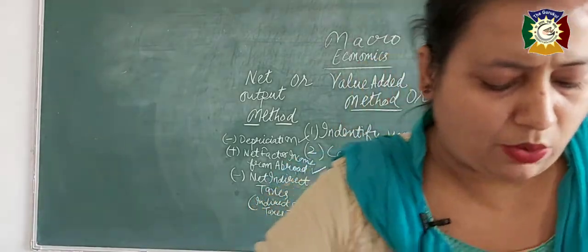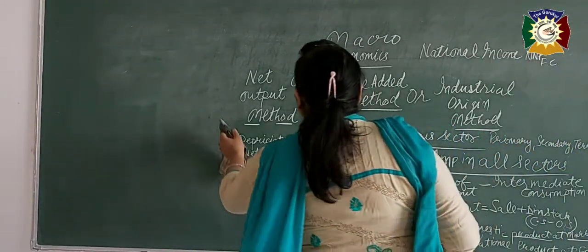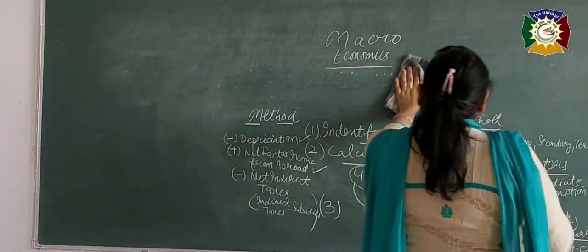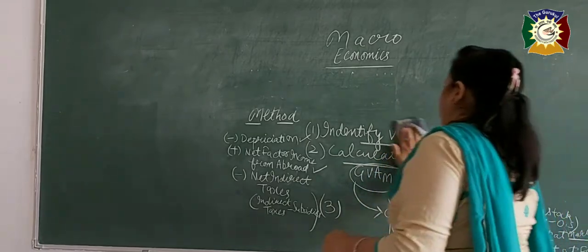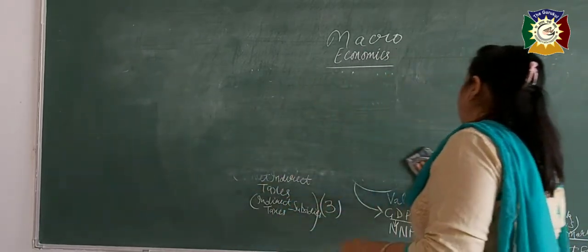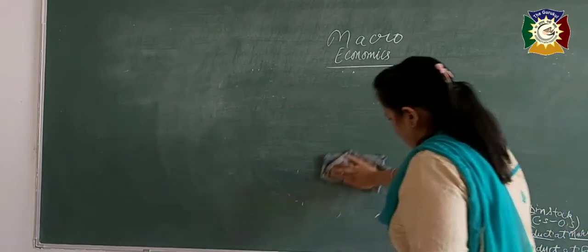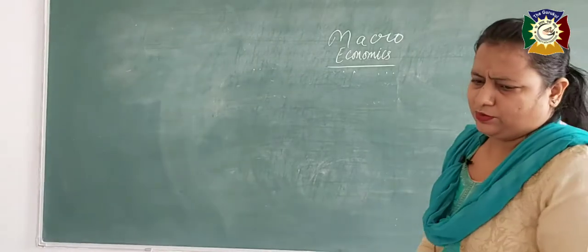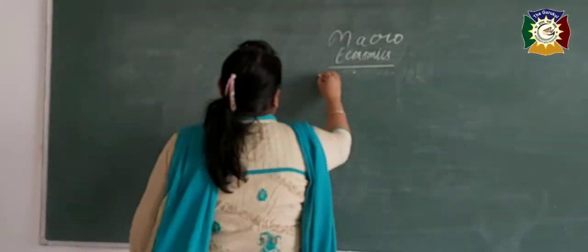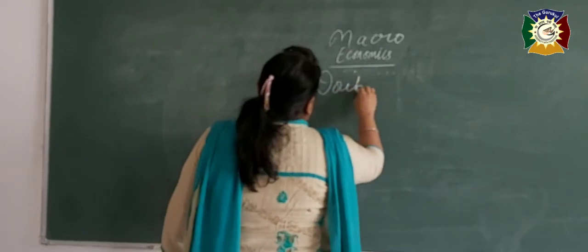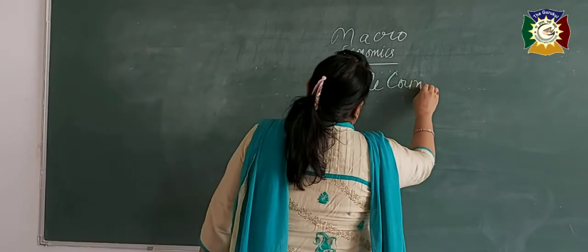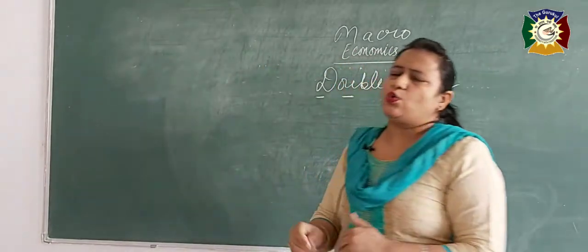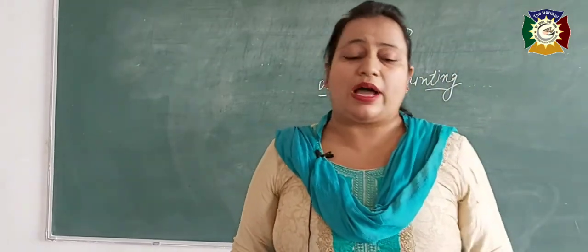Firstly I am going to tell you about double counting. What is the meaning of double counting? We will do it with a particular example. Double counting, this is a very important question. Double counting means counting a thing more than once.